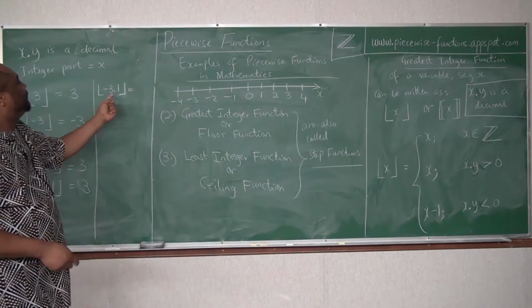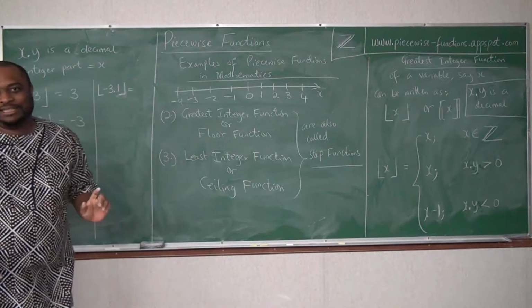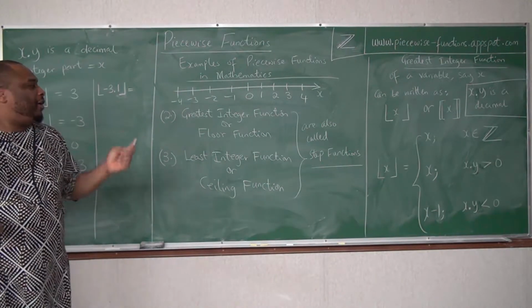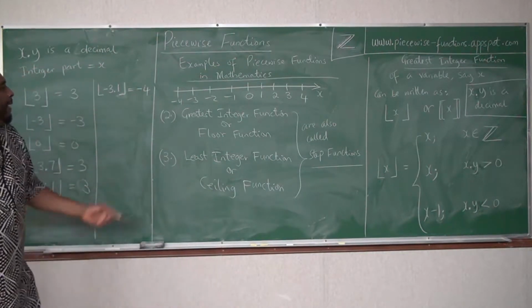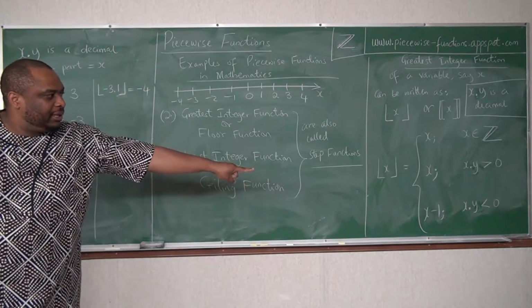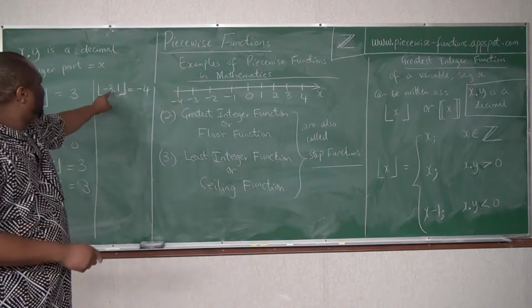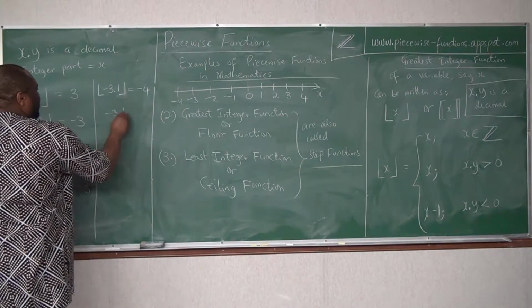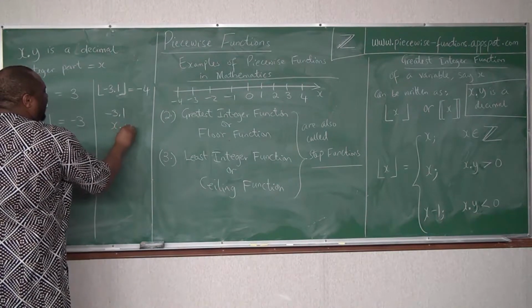So you ask yourself, what is the greatest integer that is less than -3.1? Of course it gives you -4. But if you want to do it with the formula I just wrote, you see x in this case, you have -3.1, x point y.